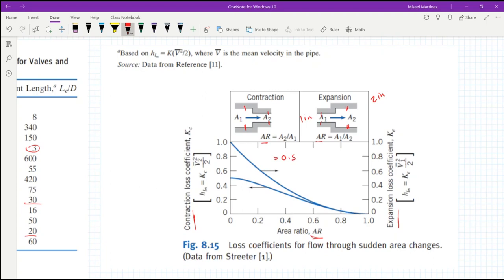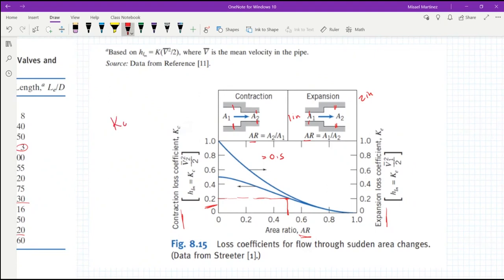So we go here to the x-axis and start at 0.5. You can see we have two lines, one pointing to the left, one pointing to the right. We're gonna use the one pointing to the left because that is for the contraction. If we were to use the one for the expansion, we'd go to the right. So we're using this first line, and right where it is here, we go to the left, and we find our K value will be 0.2.